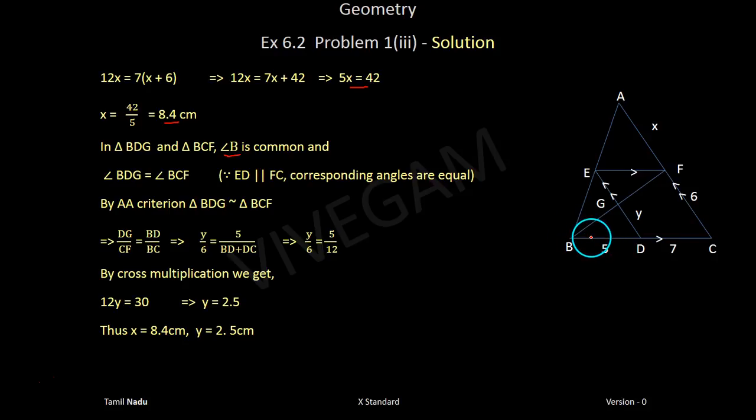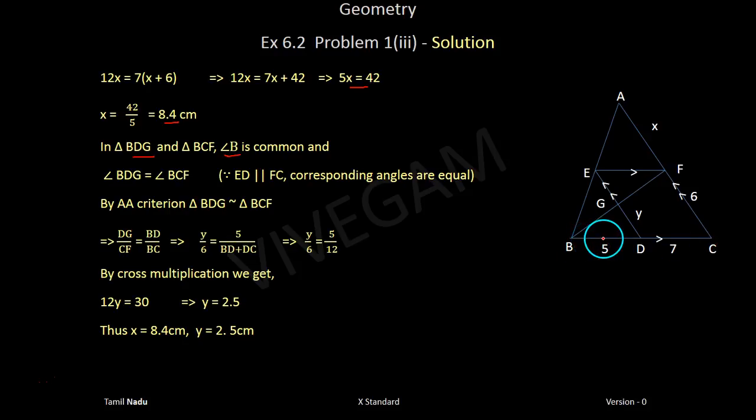If you take this triangle, angle B is this whole thing. But if you take these two triangles, BDG and BCF, angle B is only this part, a part of the total angle. Because we are considering only triangle BDG and triangle BCF, angle B is common.